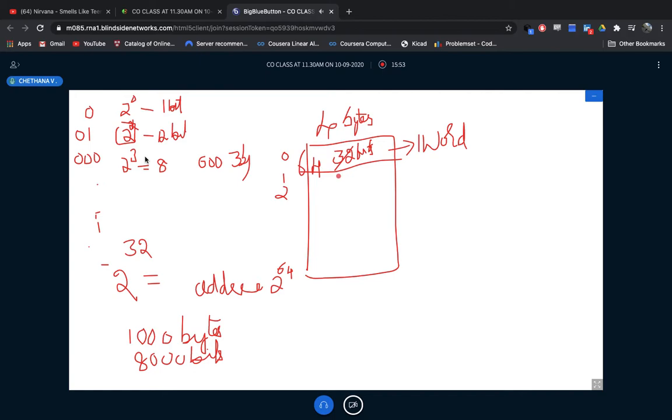If I am going to hold completely 8000 bits, how much memory do I require? So totally I require 8000 bits of data I want to hold here. So what is 2 to the power of 32? Can anybody tell me?